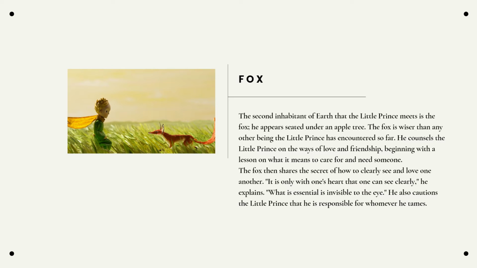The fox then shares the secret of how to clearly see and love one another. It is only with one's heart that one can see clearly, he explains. What is essential is invisible to the eye. He also cautions the little prince that he is responsible for whomever he tames.